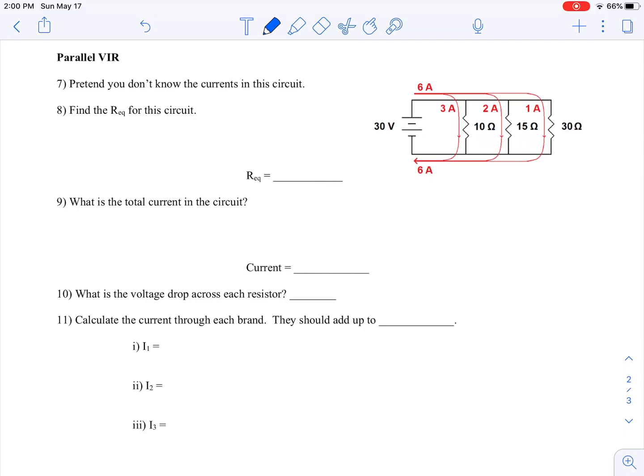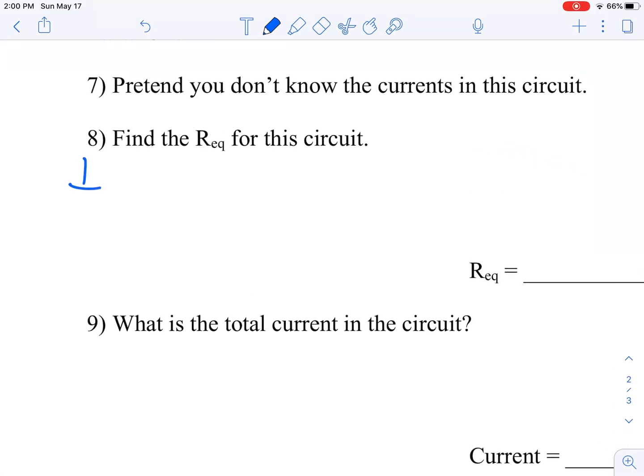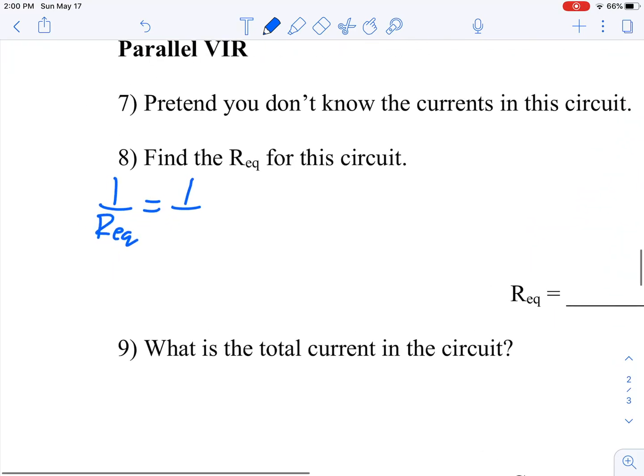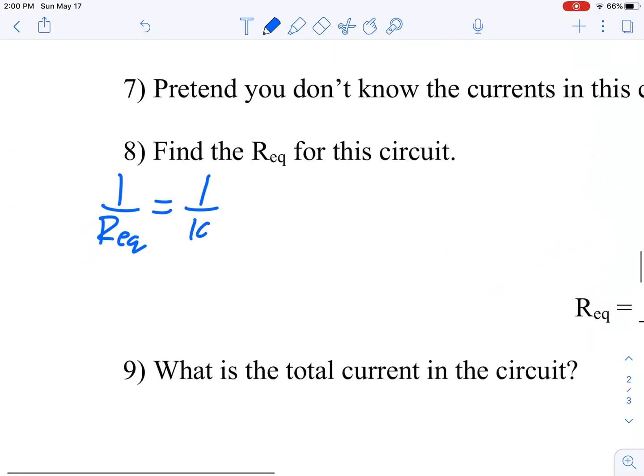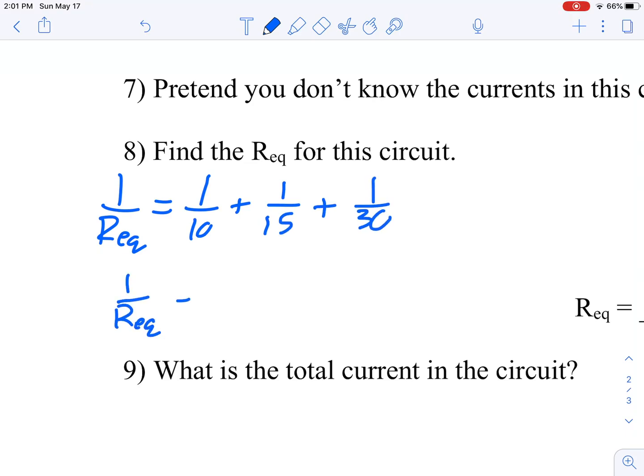For a parallel circuit, to get the equivalent resistance, it's 1 over R equivalent equals 1 over 10 plus 1 over 15 plus 1 over 30. When you put that in your calculator, it tells us that 1 over R equivalent equals 1/5, or 0.2.